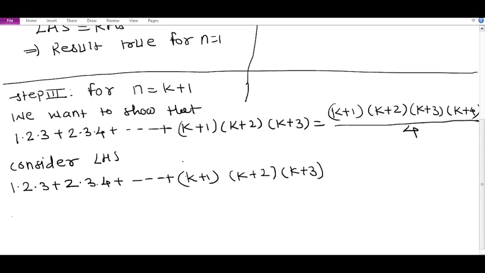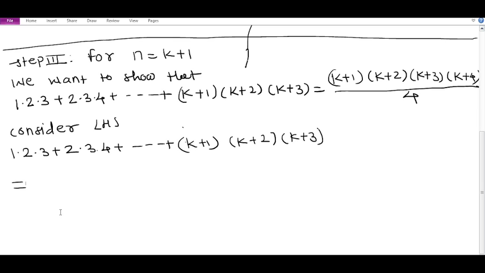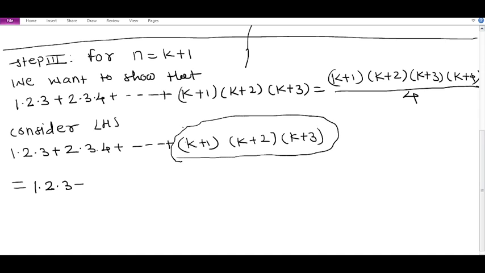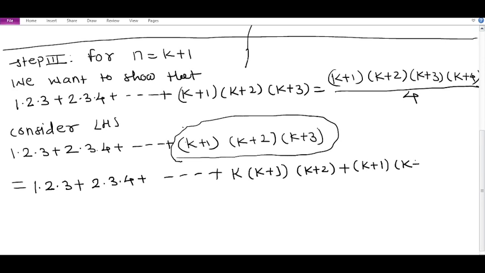Now we can write this as 1 into 2 into 3 plus 2 into 3 into 4 plus the term before this, k into k plus 1 into k plus 2, plus the next term, k plus 1, k plus 2, k plus 3.